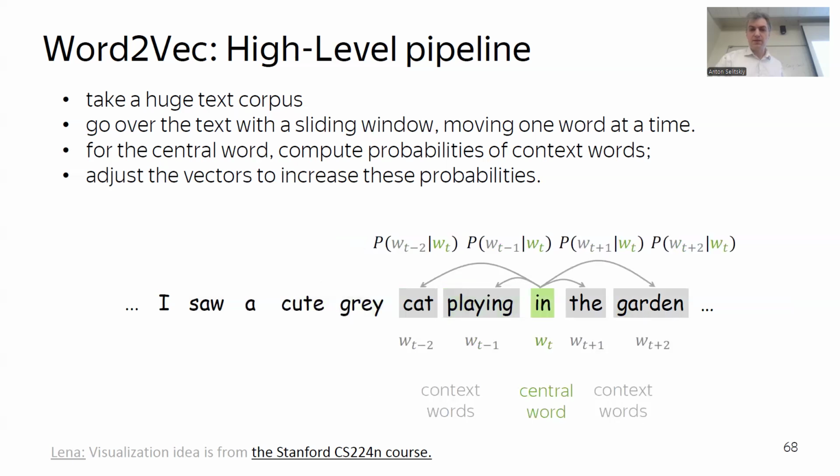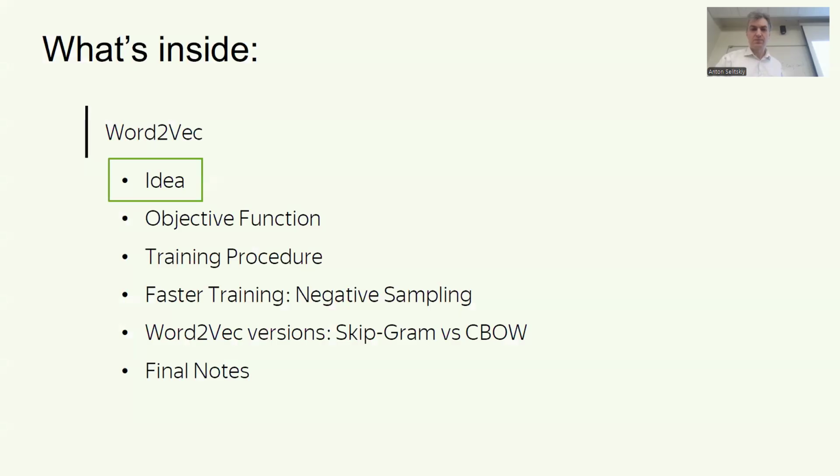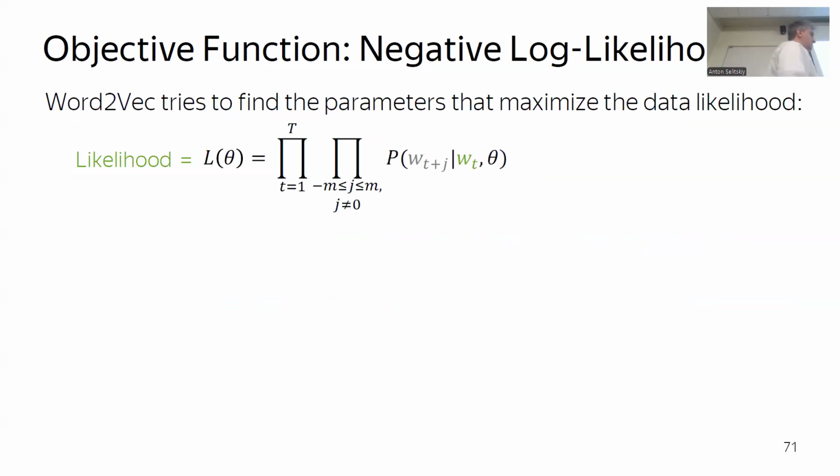After that, we should define the loss function. And the loss function will be the product of probabilities. So we go through all the words. So T corresponds to the central word.